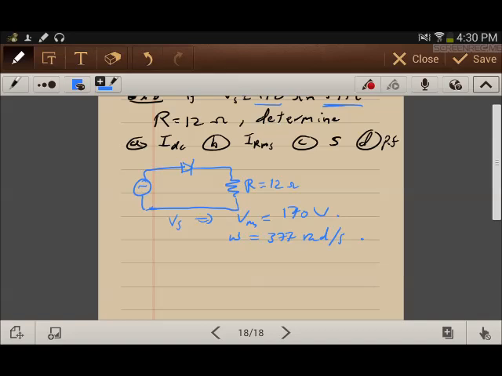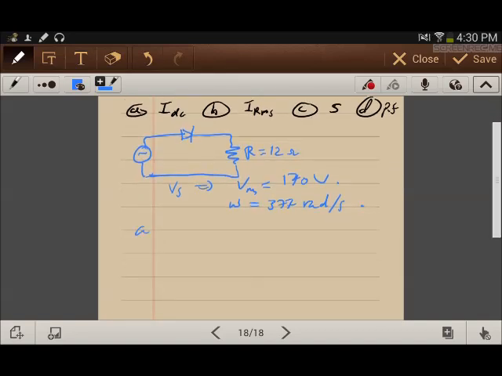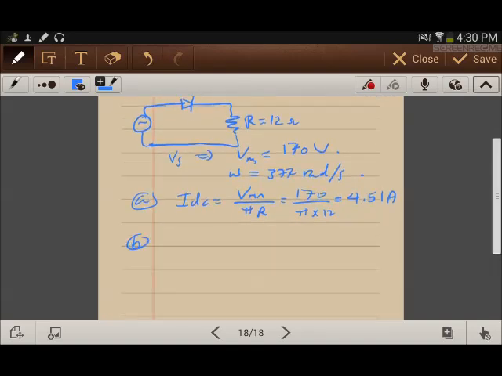So first they asked to find the average current. So the average DC current is V maximum over pi R. So it's 170 divided by pi multiplied by 12. And this tends to be 4.51 amps. They asked the RMS current.